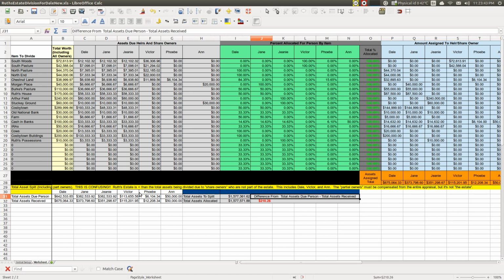Now you notice down here it's got difference from total assets due person minus total assets received. We've got a red number. And this is totally inaccurate if you got any red numbers. If you got a red number, you got a problem with your setup sheet, or your initial setup. And it's always because you rounded the percent somewhere or you had them set up wrong.